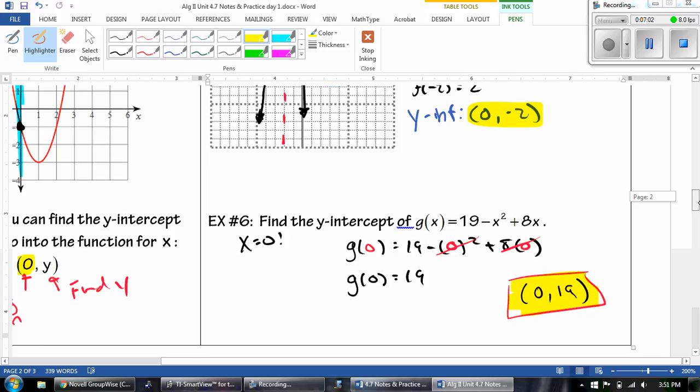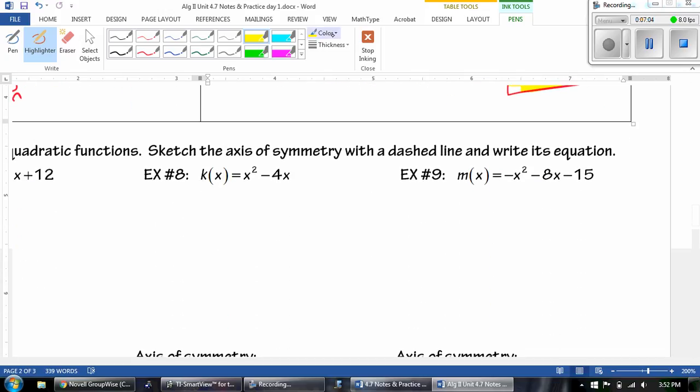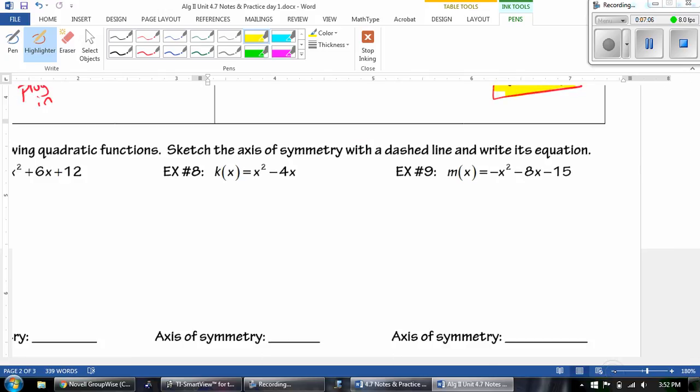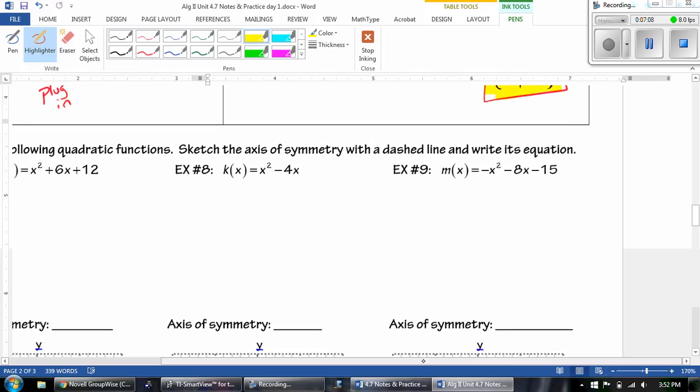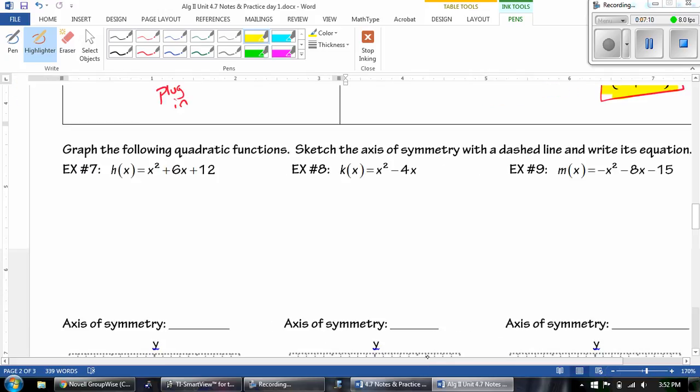All right, what's next? Now what it wants us to do is to graph the following equations, sketch the axis of symmetry with a dashed line, and write its equation. Okay, so let's go ahead and begin. Let's look at our a. It's positive, so we know it's going to be going up.